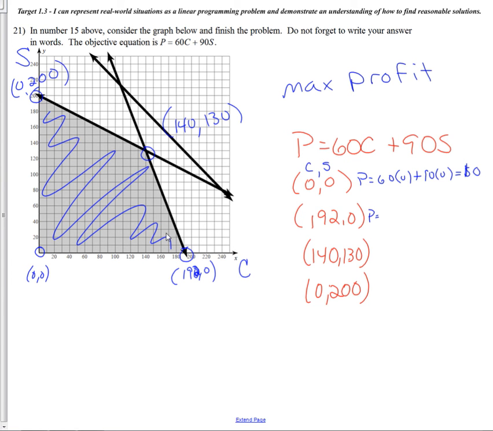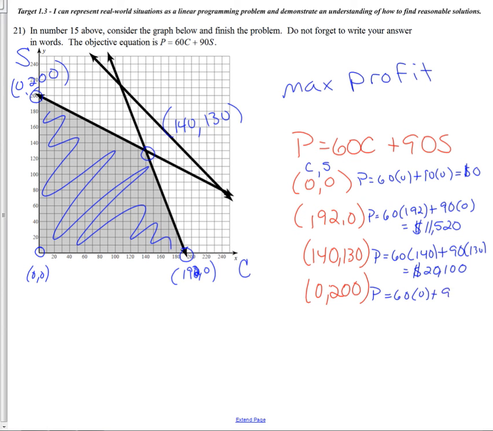For the second one, it is 60 times 192 plus 90 times 0, and for that one I get, in the calculator, $11,520. For the third one, it's 60 times 140 plus 90 times 130, and for that one on the calculator I get $20,100. And the last one, 60 times 0 plus 90 times 200, and for that one I get $18,000.